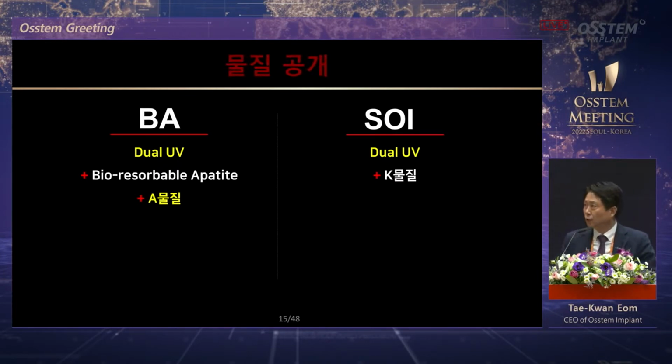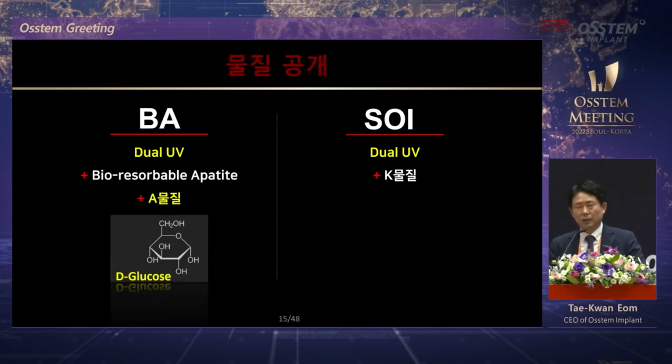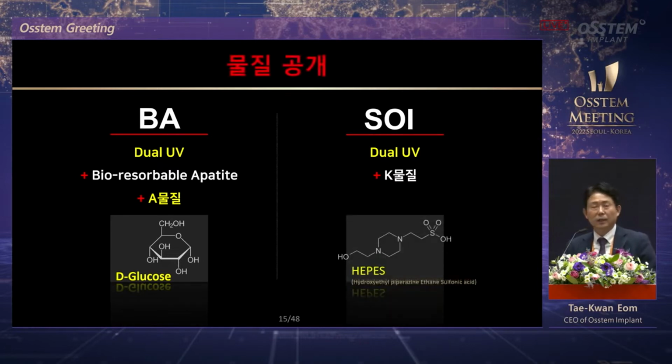So, dual UV treatment is done on soy and on BA, dual UV. A material is used, that is D-glucose. D-glucose coating was done and the energy was captured. And soy, we use the K material. K material is a HEPES.